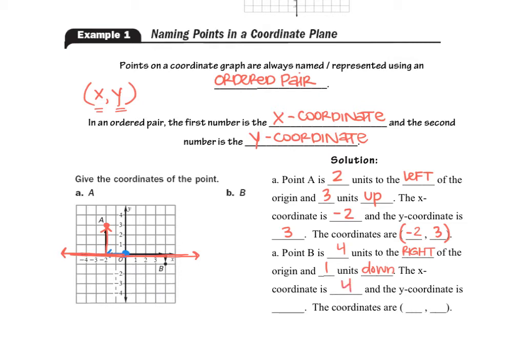In the previous example, because we had moved to the left, that was why it was negative 2. On the vertical number line, if you count up, that's positive. That's why on the last one, when we counted up 3, that was positive 3. On this one, we are then counting down, and so this would be negative 1 since we moved down 1. So B would be located at the point (4, -1). Again, make sure you have parentheses around that point.